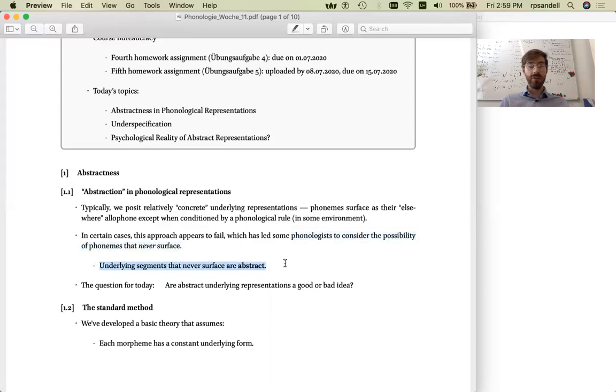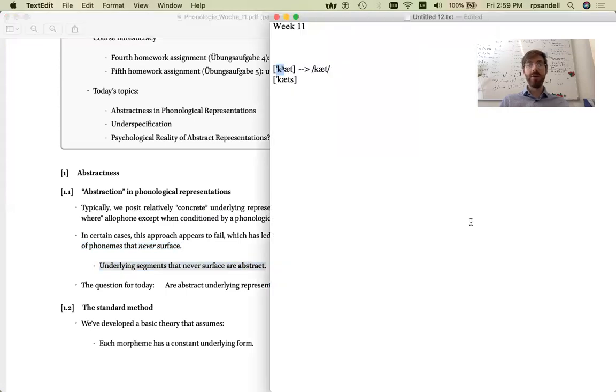Those would be underlying segments that we will call abstract. So in general, this would be like saying we have some underlying sound X, but its allophones are Y and Z. It's never realized as X, but rather as Y in some environment, call it A, and Z in some environment, let's call it B.